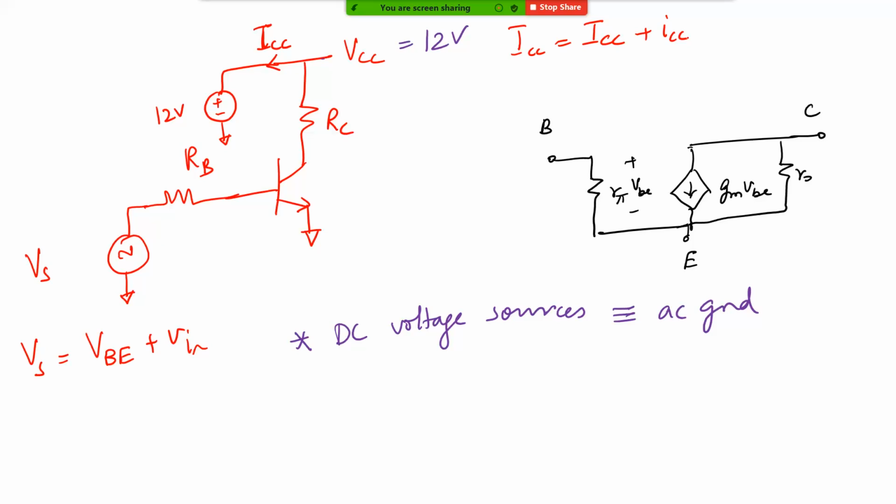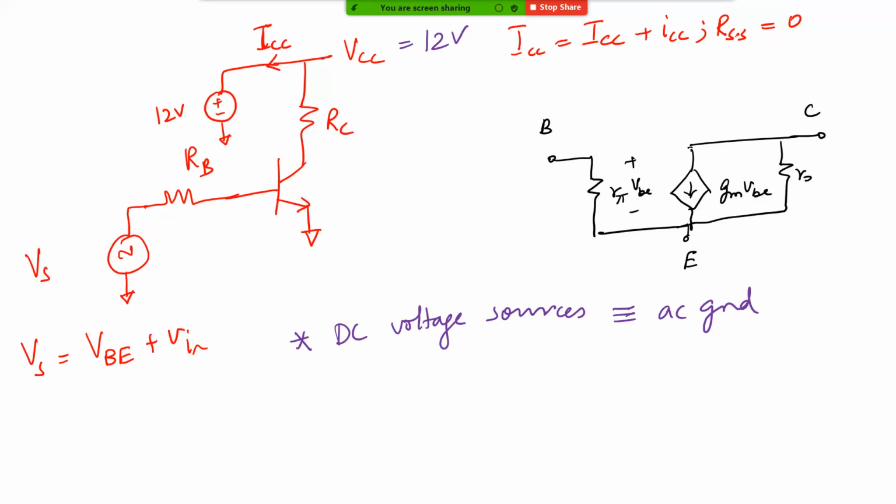But no matter what, you only have a voltage of 12 volt, which means the small signal impedance is basically 0. No matter what the current is, the voltage given by this source is fixed at DC 12 volt plus 0 AC, and therefore DC voltage sources can be considered as AC grounds.